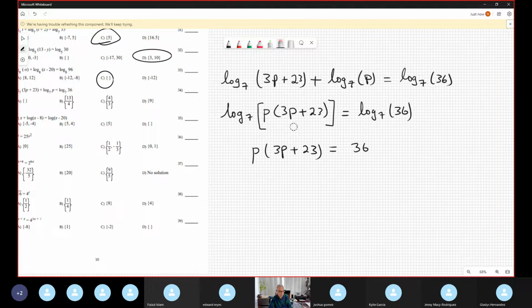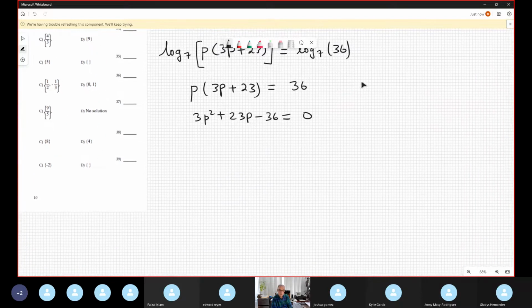Okay, so now we have a quadratic equation again. 3p squared plus 23p minus 36 equals 0. Oh, this is by factorization. It's a little bit complicated, right? Because I prefer doing it by quadratic formula.